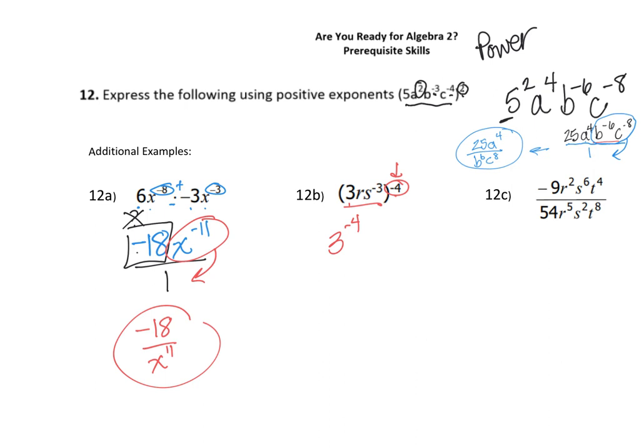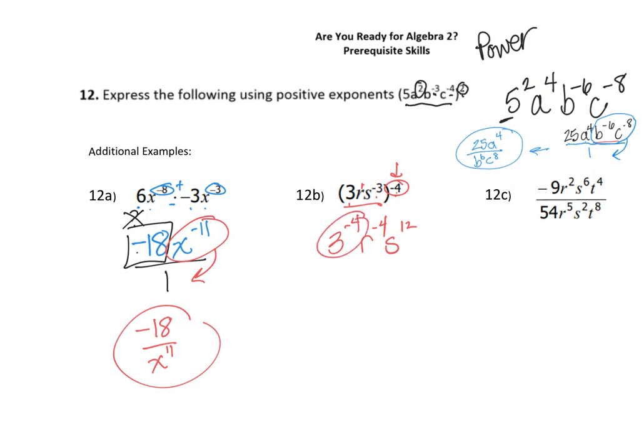Then for each of my variables inside, I'm going to multiply their inside exponent by the outside. So r to the 1 times negative 4 is negative 4. And for s, negative 3 times negative 4 is positive 12. Negative times a negative is still a positive. That kind of math does not change. So be consistent.